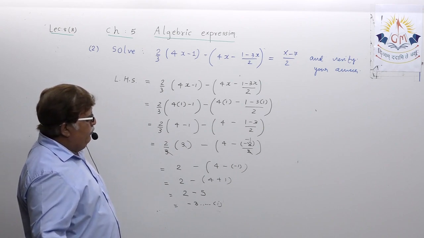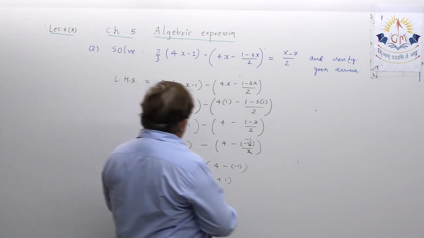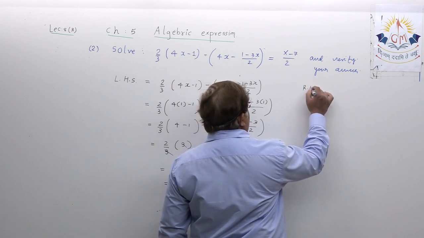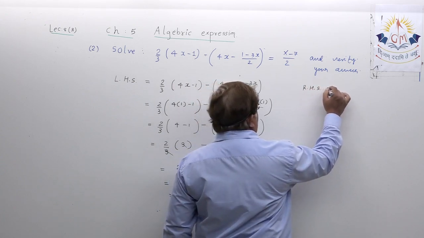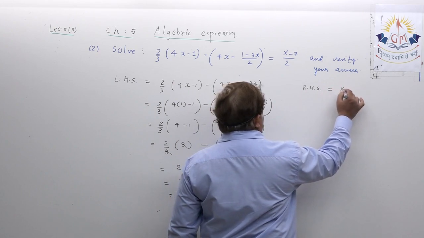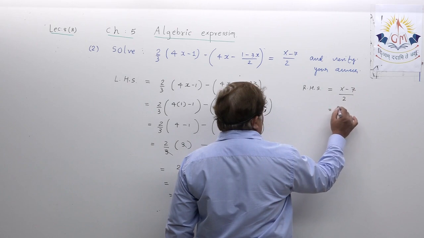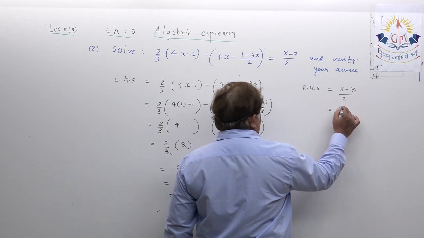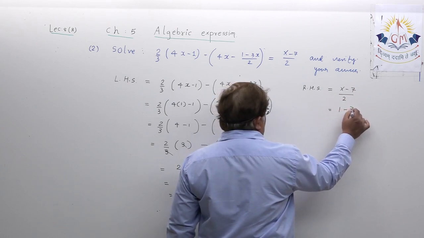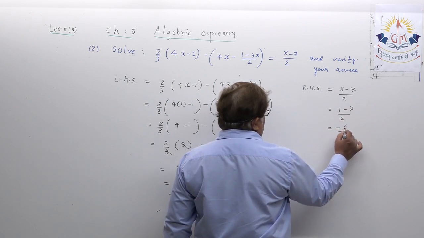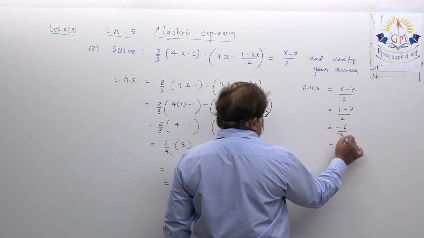Now, dear student, let us go for RHS. What is RHS? X minus 7 upon 2. Value of x is 1. 1 minus 7 upon 2, minus 6 upon 2.